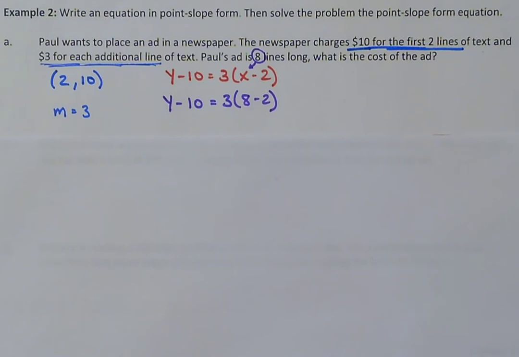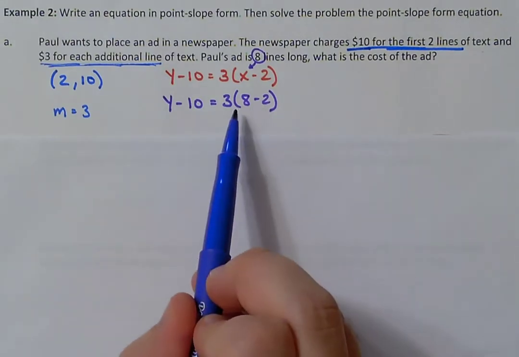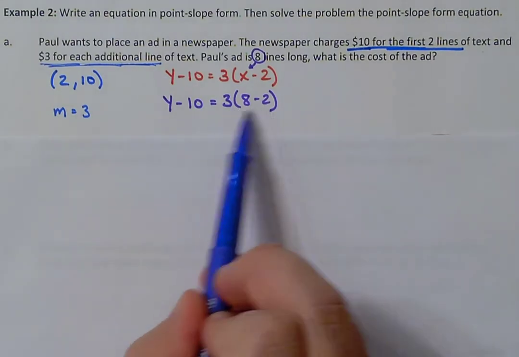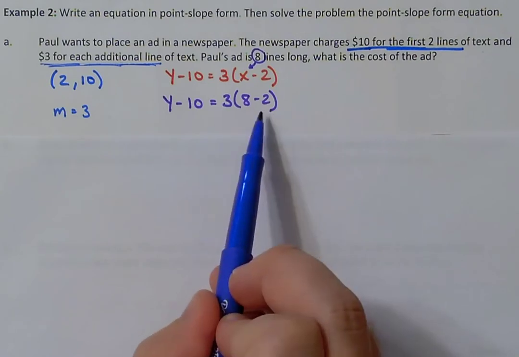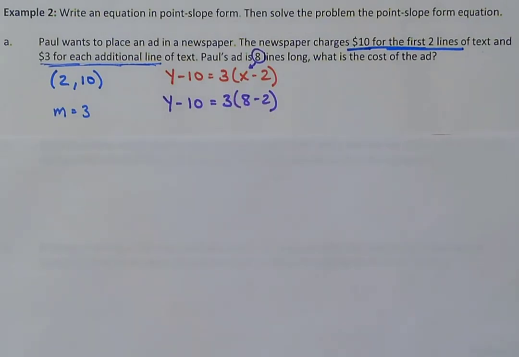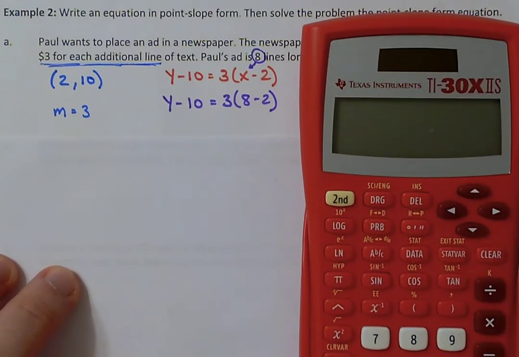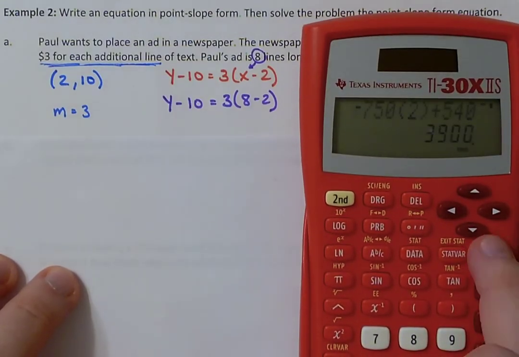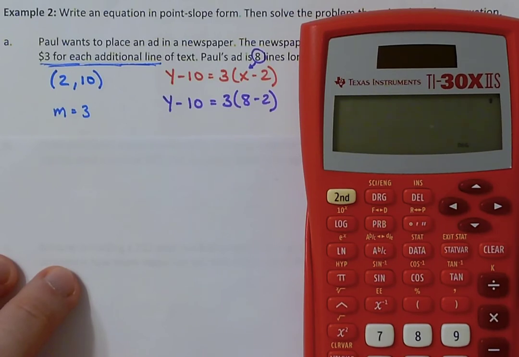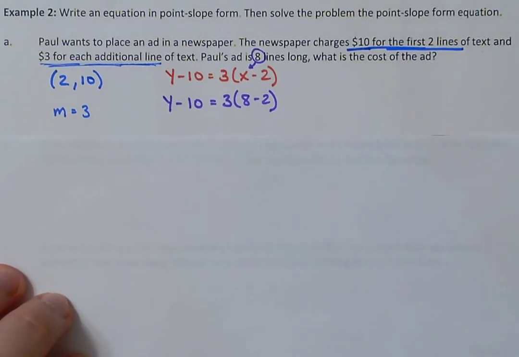My first step in solving this is to do 3 times 8 minus 2 first. We use our calculator, 3 times 8 minus 2, which results in 18.